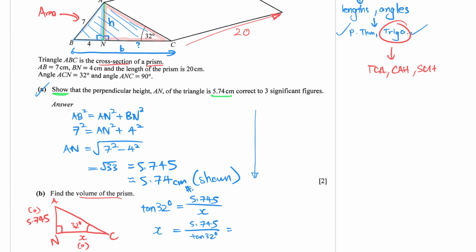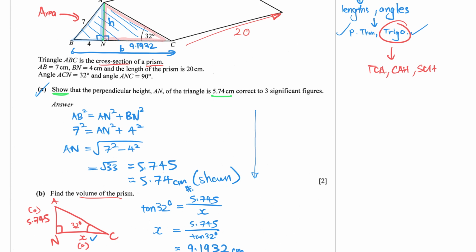Not going to be a nice answer. It's going to be, again, rounded off to around 9.193, 5SF cm. Okay, so we have found this, meaning we now know the length of NC, approximately 9.1932.